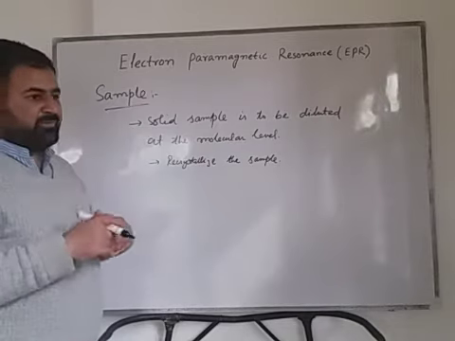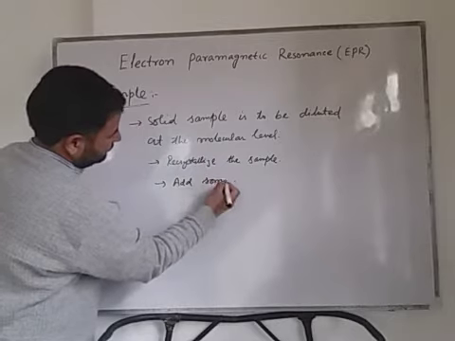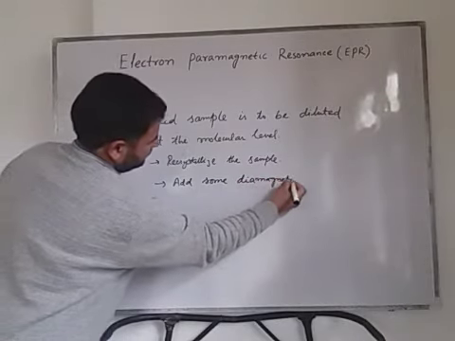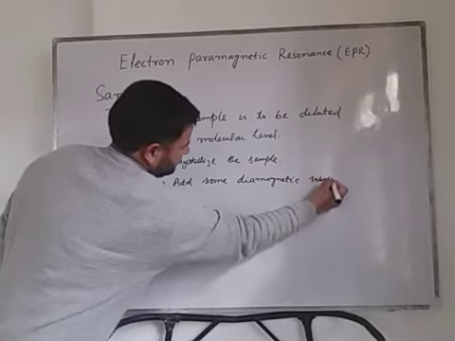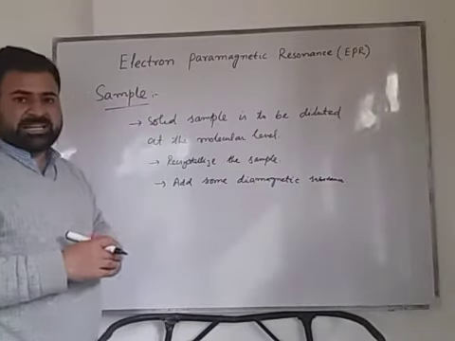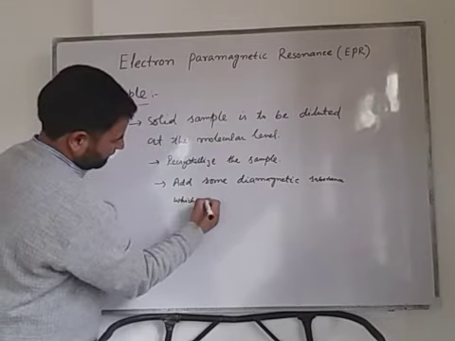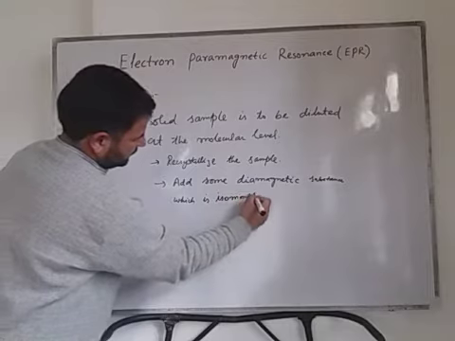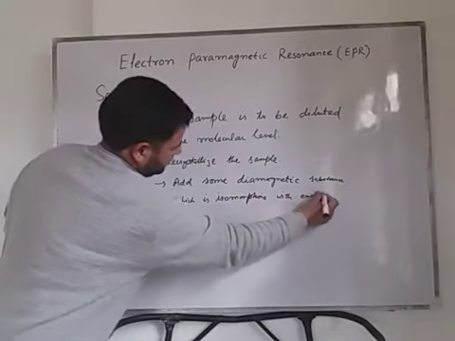At that time, we will add some diamagnetic substance which is isomorphous with our sample.